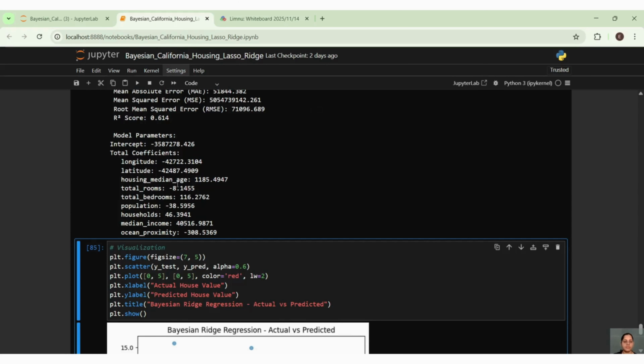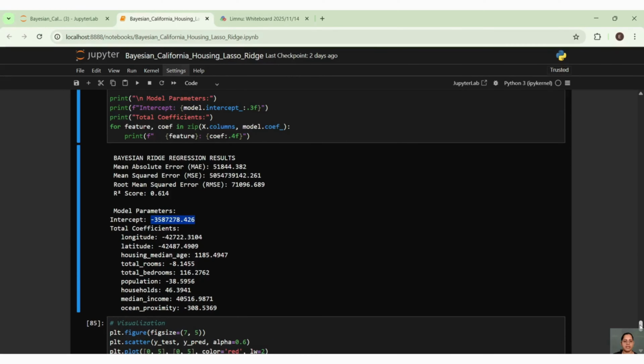So we got this, and at the same time we are getting our intercept values. So this is your intercept. That means this is your beta 0, right? Then your total coefficients. This is your longitude. It's coming -427223104. Latitude, we are getting -42487, right?